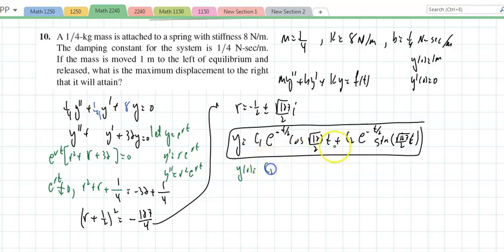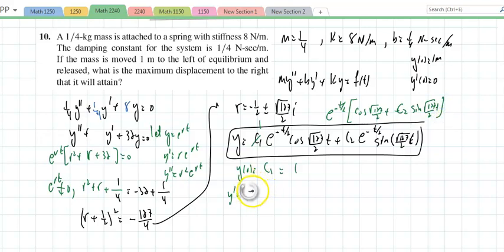And if I find those initial conditions, y of 0 is c sub 1, and that is 1. And if I take a derivative, that would be the product rule. I'm taking e to the negative t over 2 times cosine of square root of 127 divided by 2 t plus c sub 2 sine of square root of 127 over 2 t.